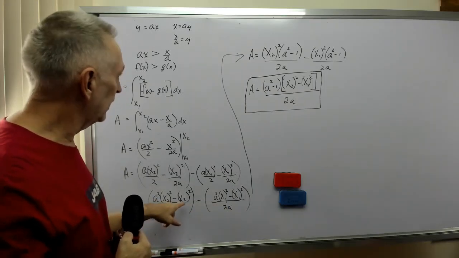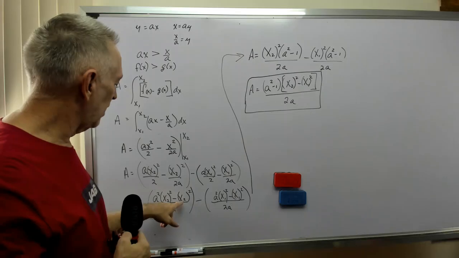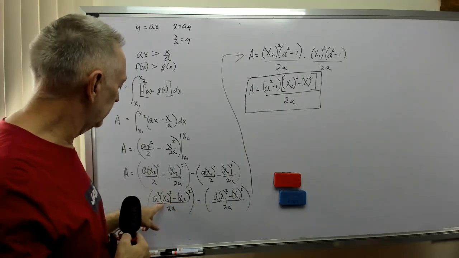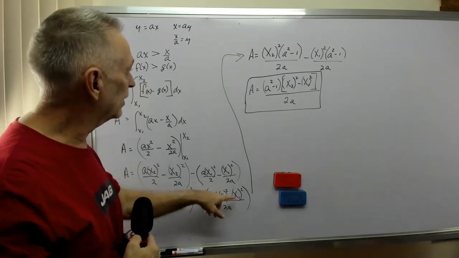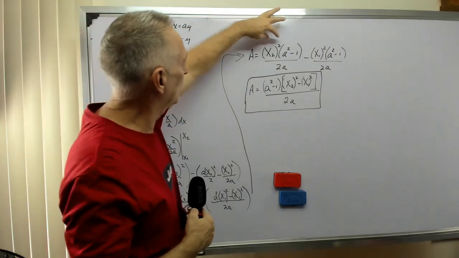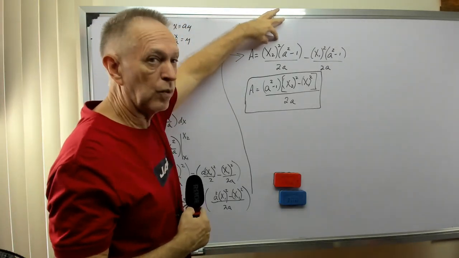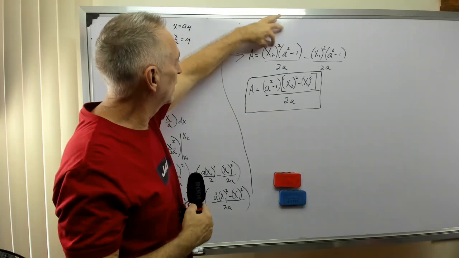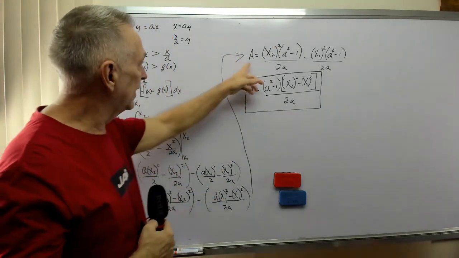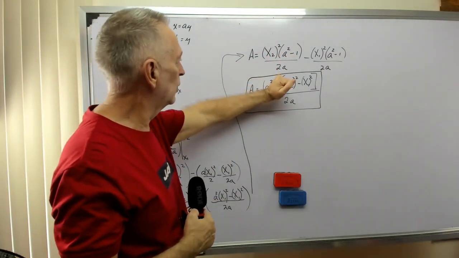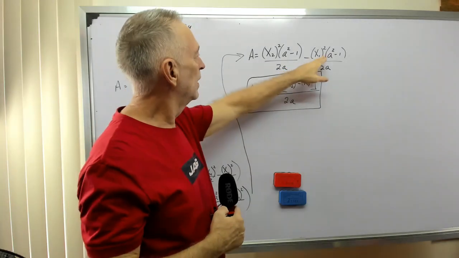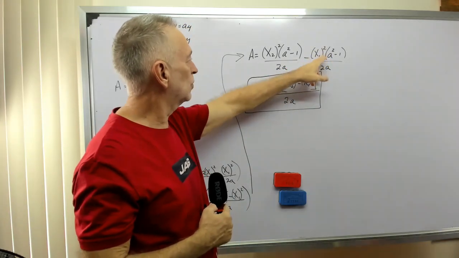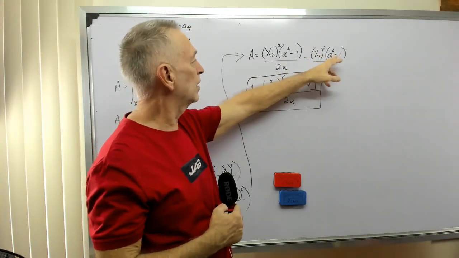You can see that I can factor out an x sub 2 here, since it's in both terms, and an x sub 1 there, which is what I've done at the top of the board. Factoring out x sub 2 left me with a squared minus 1 over 2a, and factoring out x sub 1 squared left me with a squared minus 1.